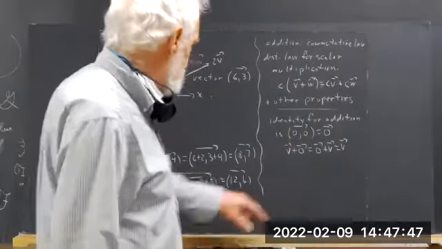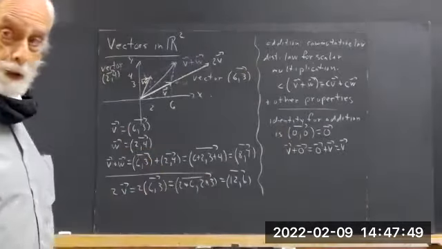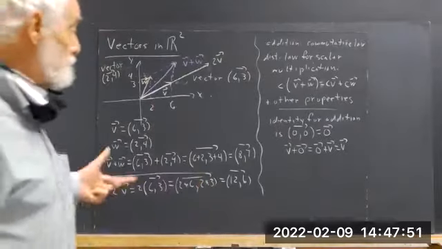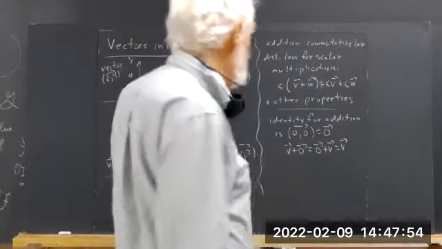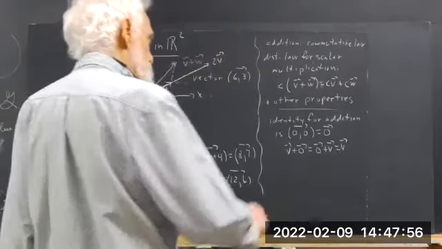If you add a pair of zeros to whatever the coordinates of V are, or W or anything else, it's not going to change those coordinates. So this is very easy to see. Then we have inverses.